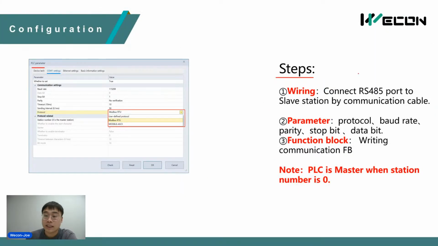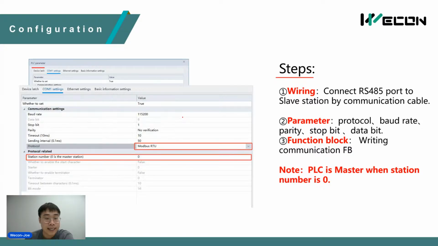After connecting the cable, we can open the WeCom PLC editor tool and enter the PLC parameters. Select Modbus RTU and set communication settings like baud rate, data bit, stop bit, and parity.